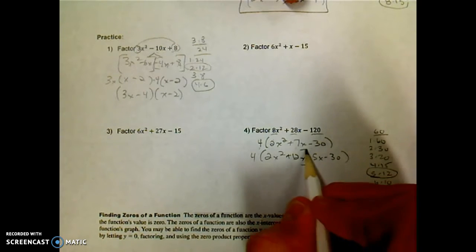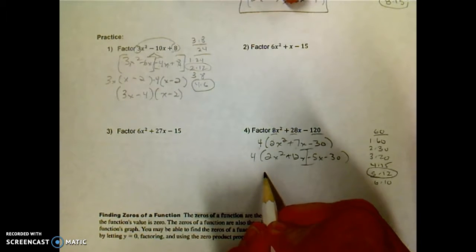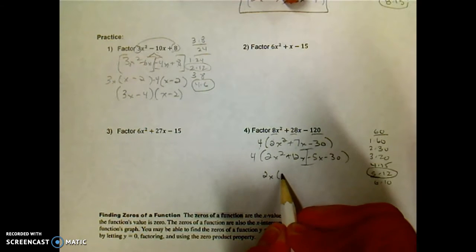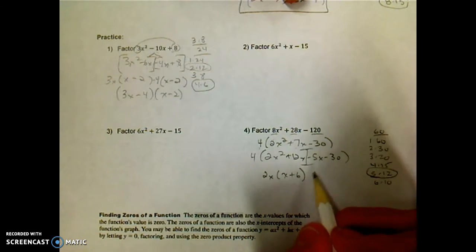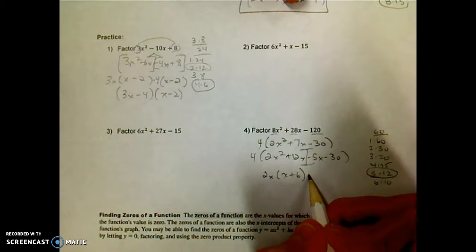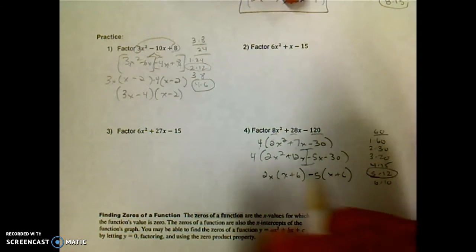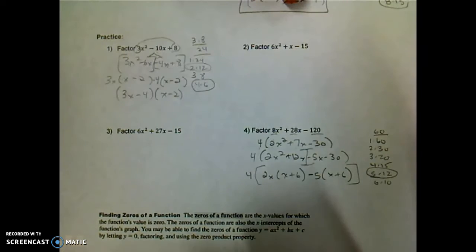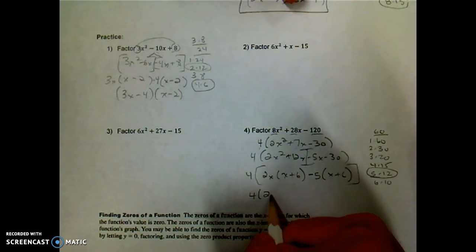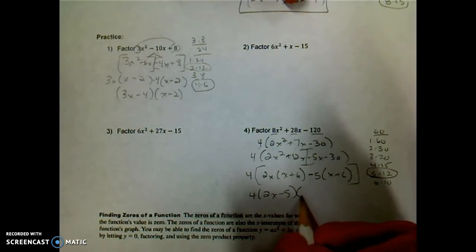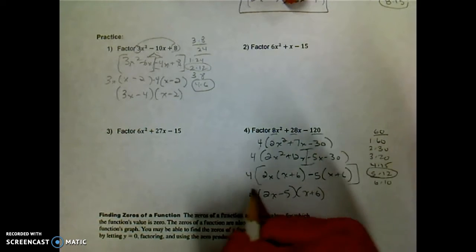Factoring by grouping now. 2x times x plus 6. Here I can factor out a negative 5, and I'm left with x plus 6. Still that factor of 4 from the beginning. 4 times 2x minus 5 times x plus 6.